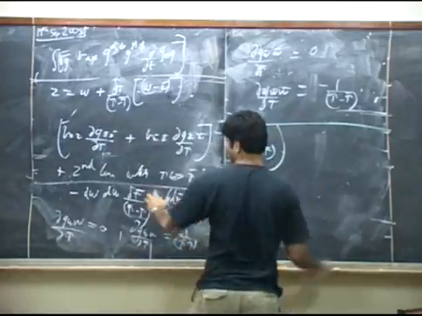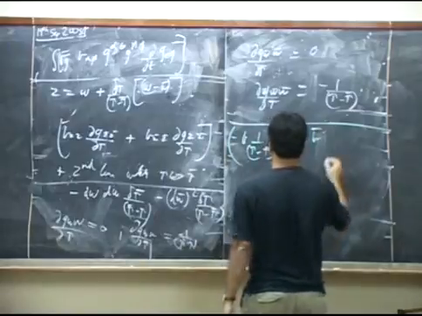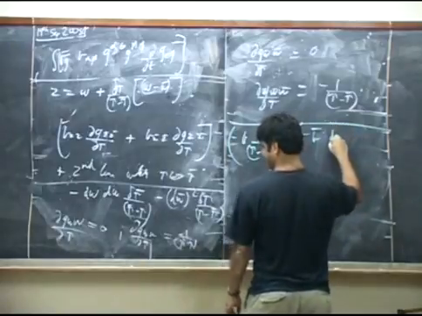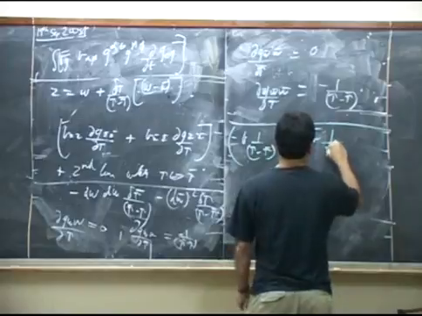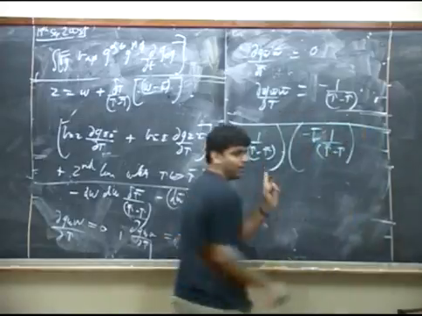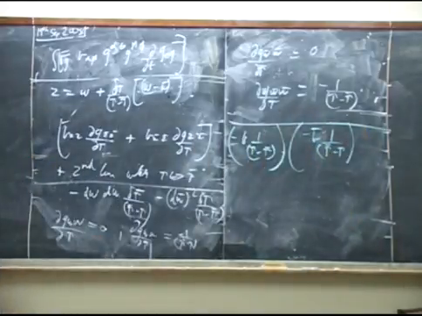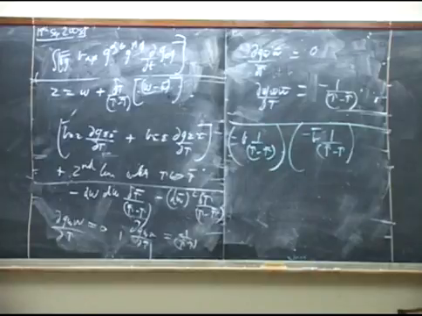And we have a second insertion, which is b-bar times the corresponding antiholomorphic factor. Okay, so these are the two insertions that we have to do into our path integral. Is that clear?